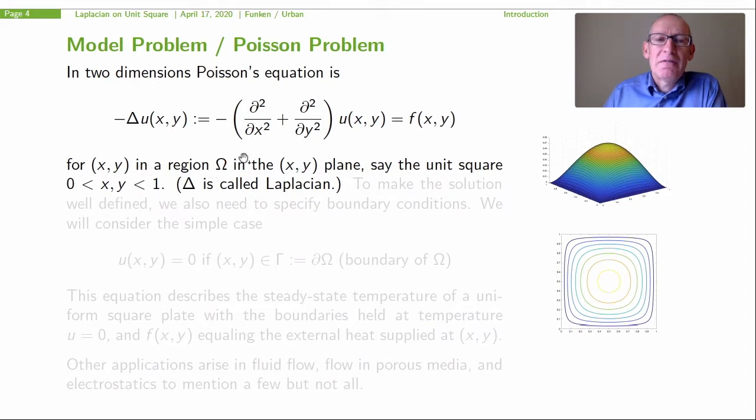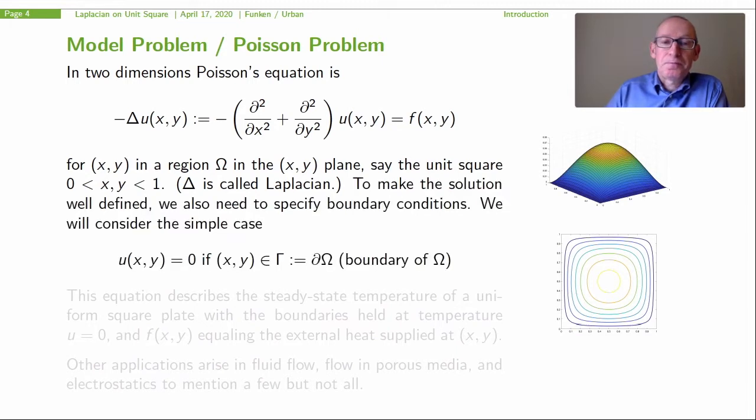And as you see, if we add some linear function to our function u, this operator applied to a linear function will vanish. So, of course, these functions cannot be unique, at least up to some linear function. To get some unique solution, we need some boundary conditions.